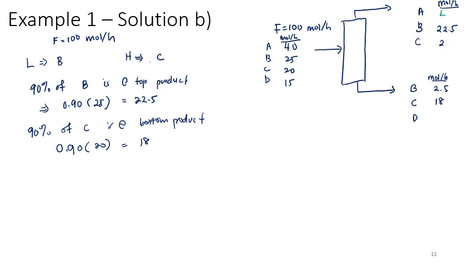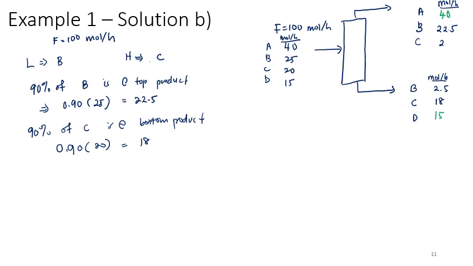So 40 mole per hour of A is in the feed, and all of them will appear in the top product. And the same goes for component B, because it's heavier than component C. So let's assume that all component D appears in the bottom product. So this is our first guess for the distillate and bottoms product.